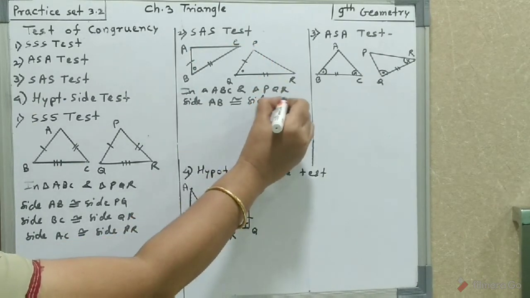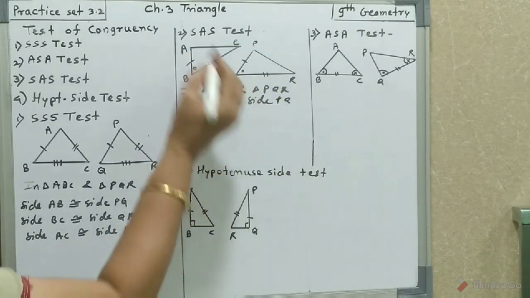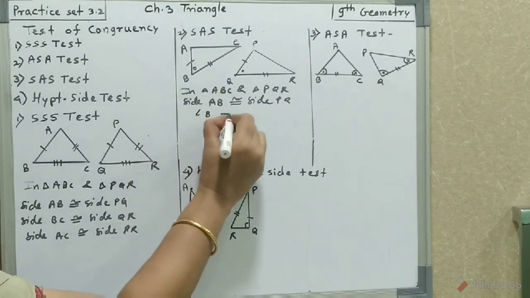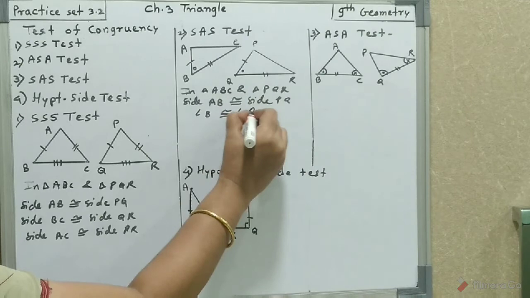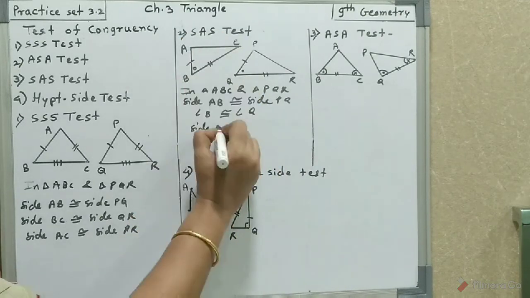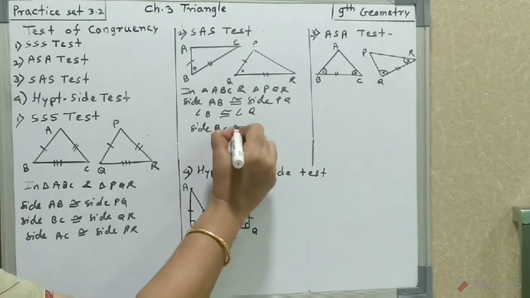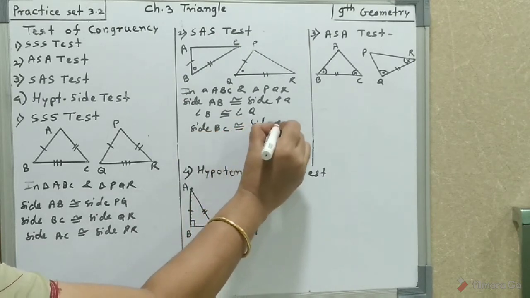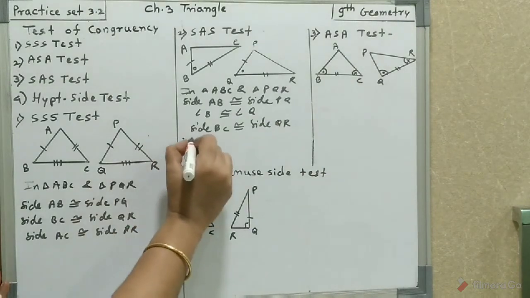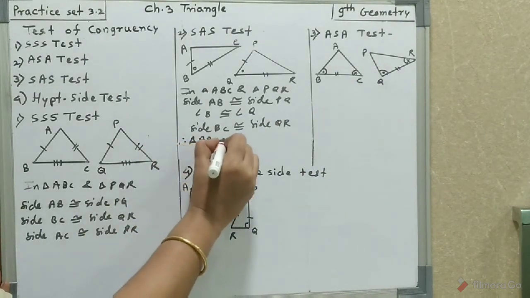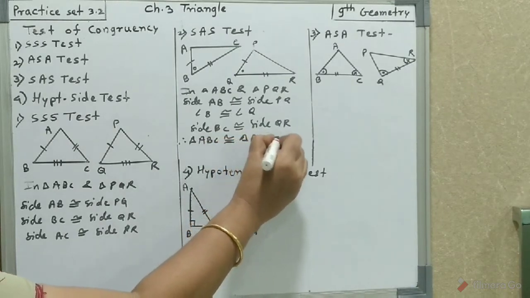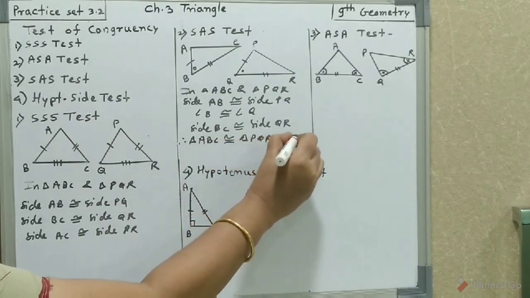And then the angle: angle B is congruent to angle Q. And then S means side, so side BC is congruent to side QR. Therefore these two triangles, triangle ABC congruent triangle PQR, by which test? That is the SAS test.